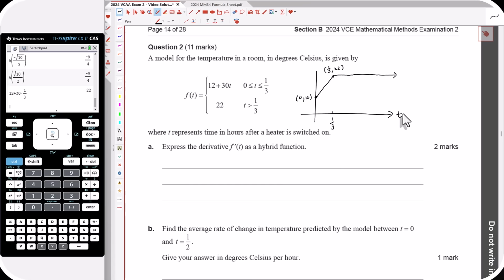So express the derivative f dash t as a hybrid function. So the derivative of 12 plus 30t is just 30, and the derivative of 22 is just 0, but we need to think about domains here.